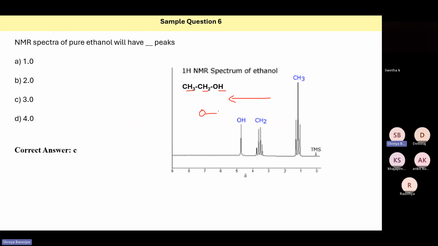So OH has the most withdrawal of electrons and the most delta plus. So OH is the most downfield shifted, then CH2 and CH3. As the distance from O increases, the downfield shift or delta value decreases. Because there are 3 kinds of hydrogens, it will have 3 peaks, and the correct answer is C.